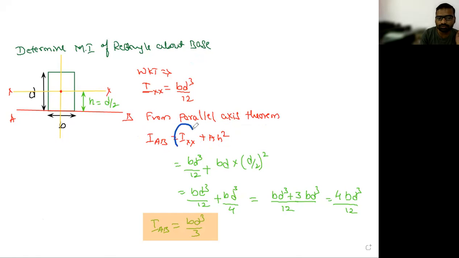Moment of inertia about the centroidal axis is BD cube by 12, plus the area of this section, B into D, into the distance between these two axes, D by 2, correct? When you solve this you will get BD cube by 3. Is it clear everyone? Yes, sir.